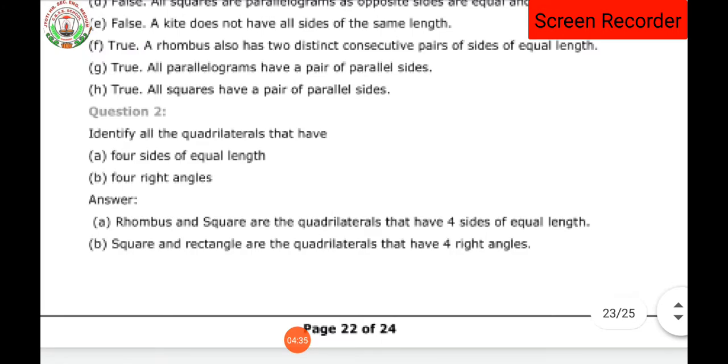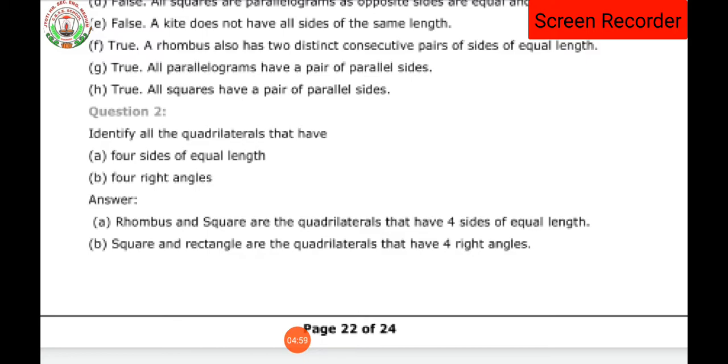Now the next question, question number 2. Identify all the quadrilaterals that have four sides of equal length and four right angles. So you have to identify all the quadrilaterals. Under quadrilaterals: square, rectangle, trapezium, parallelogram, kite, rhombus, all of these are quadrilaterals, isn't it?